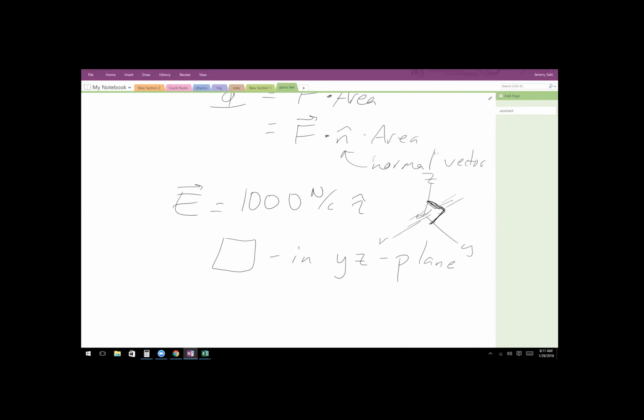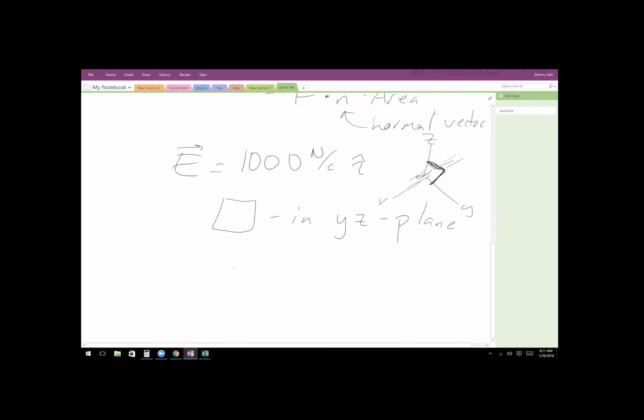All right. Since it's the same direction, when I do this dot product, remember a dot product is cosine of theta, where theta is the angle between the vectors. If I'm standing in the same direction as the normal vector, that means my angle's 0. What's cosine of 0?